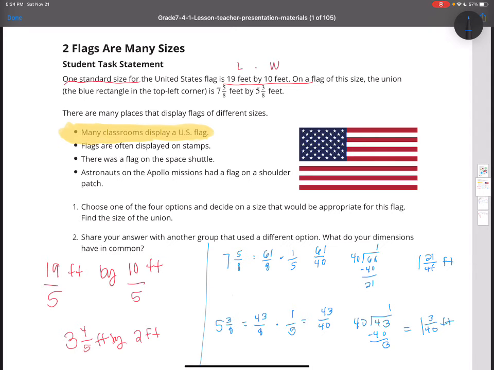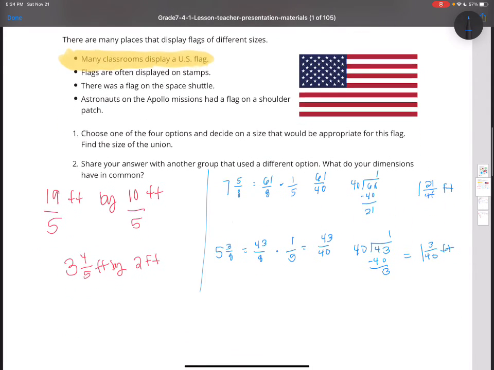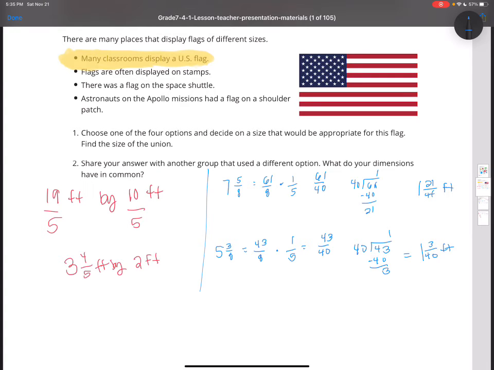So the size of the Union, and I'm going to scroll down a little bit just so I can answer. The size of the Union, which is the blue rectangle, would be, and this is for the classroom size, guys, this is not for a stamp, 1 and 21 over 40 feet by 1 and 3 over 40 feet.